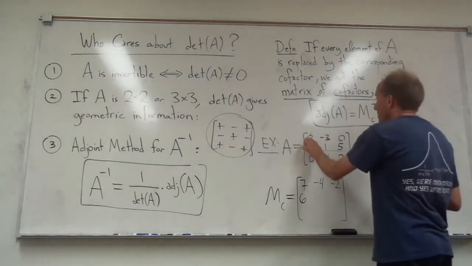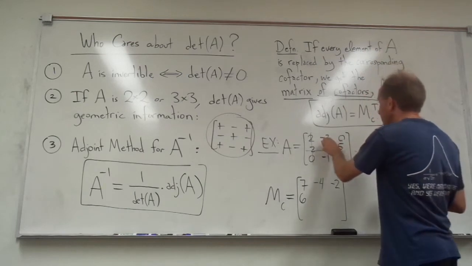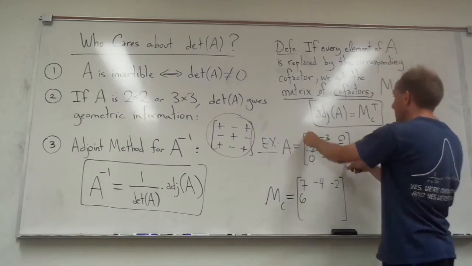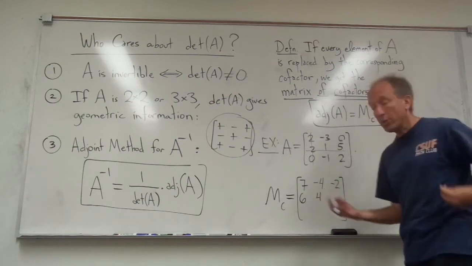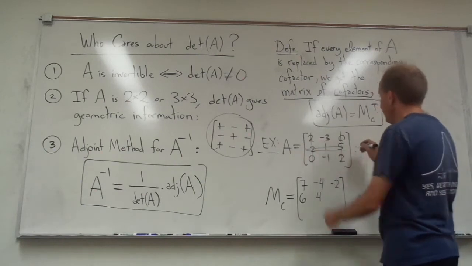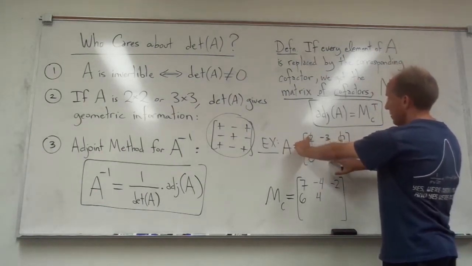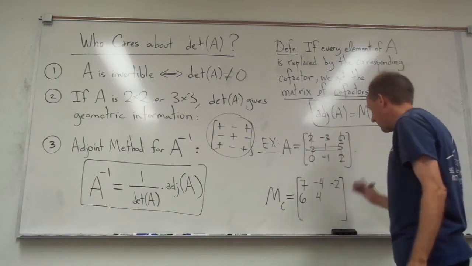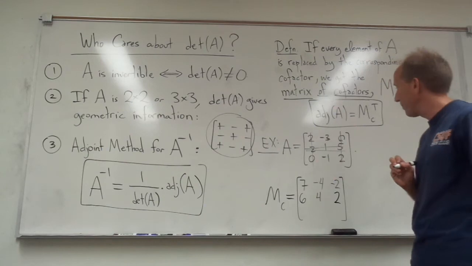I'm going to go a little bit faster through the rest of the matrix here. If I wanted to do the middle cofactor, I'm just going to take the determinant of the outside numbers, which is just 4, I don't have to change the sign on that one. Finally, the 2, 3 position is going to be the determinant of these 4 numbers, which is -2 minus 0. That's -2, but I leave it as 2 because of the sign change in that position.